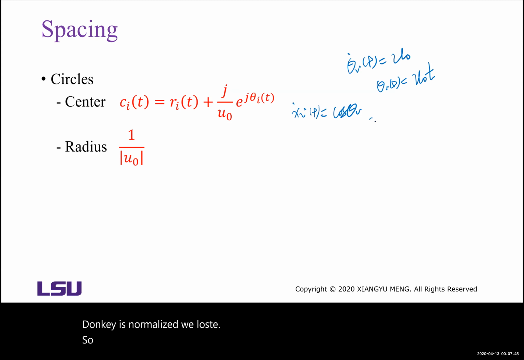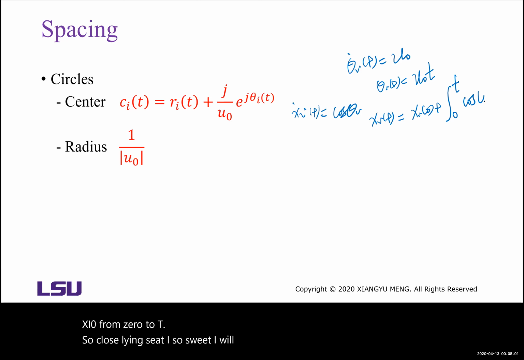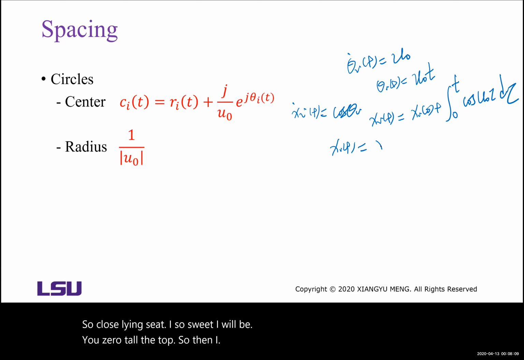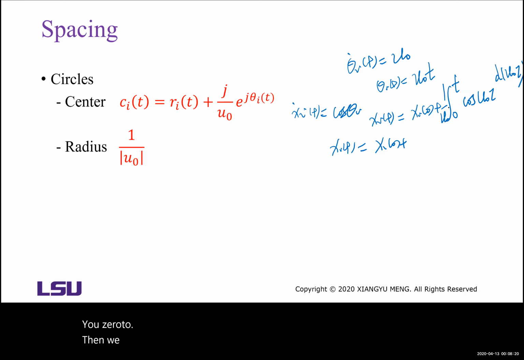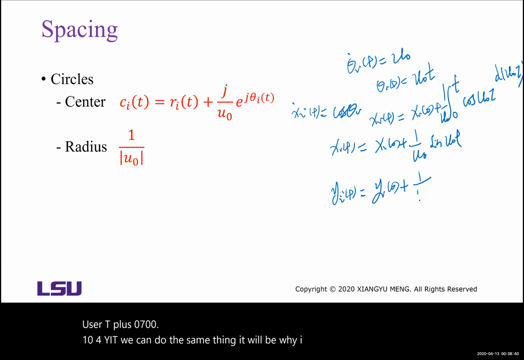We integrate both sides, so xi(t) equals xi(0) plus the integral from 0 to t of cosine θi, which is cosine of u0 τ dτ. Writing dτ as d(u0 τ), we have 1 over u0 in front, giving sine u0 t plus sine 0, which is 0. For yi(t), we can do the same thing.